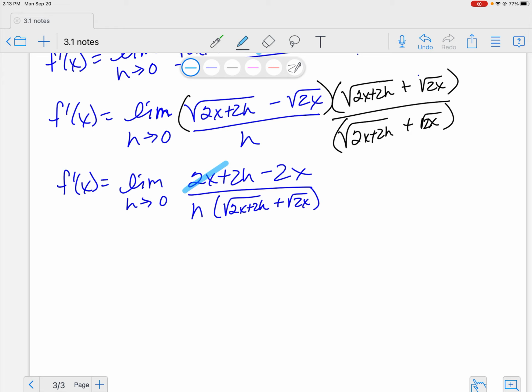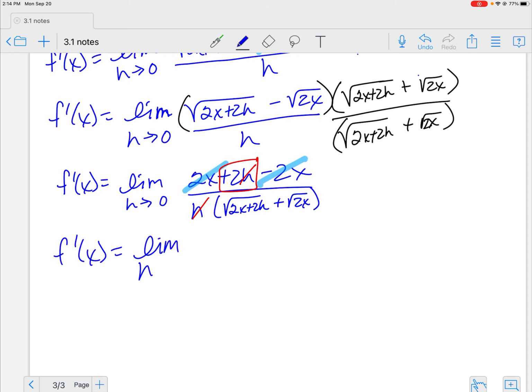Ooh, check out what's happening here. Plus 2x minus 2x. Now, I'm going to shortcut this a little bit. You see 2h is the only thing we have left on top. So I'm going to go ahead and cancel those h's. And this derivative will be the limit as h approaches 0 of 2 over the square root of 2x plus 2h plus the square root of 2x.